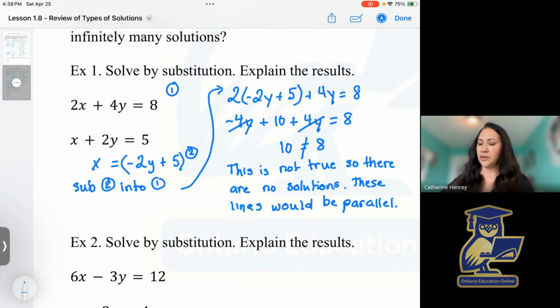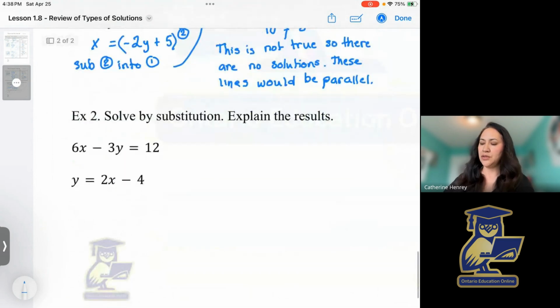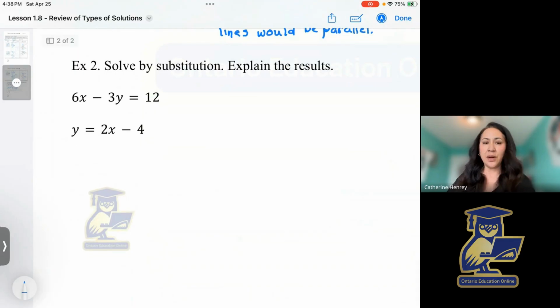So let's try the second one. We'll solve again by substitution. And at the top, 6x minus 3y equals 12. I'm going to call that my equation 1. And then y is equal to 2x minus 4 is my second equation. So I'm going to sub my second equation into my first.